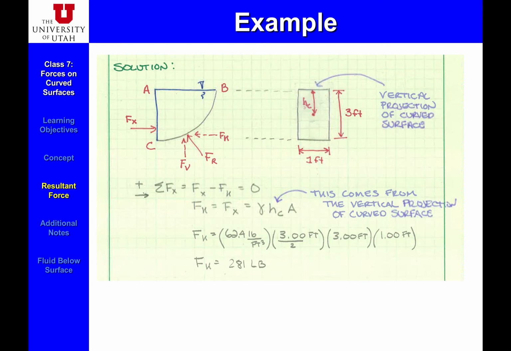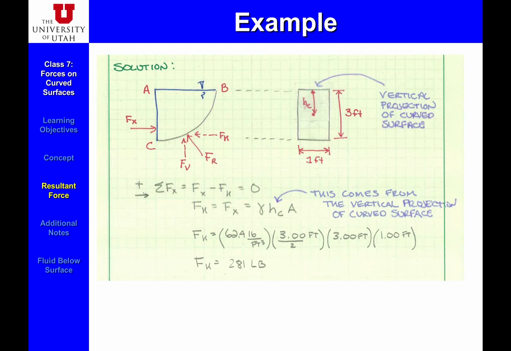We don't have an F sub Y, and why do you think that is? Well, it's because we don't have any fluid above the water surface. If you remember, I said that the water in the pipe was just half full. So if the pipe were full, we'd have an FY to contend with, but we don't because that water is not there.